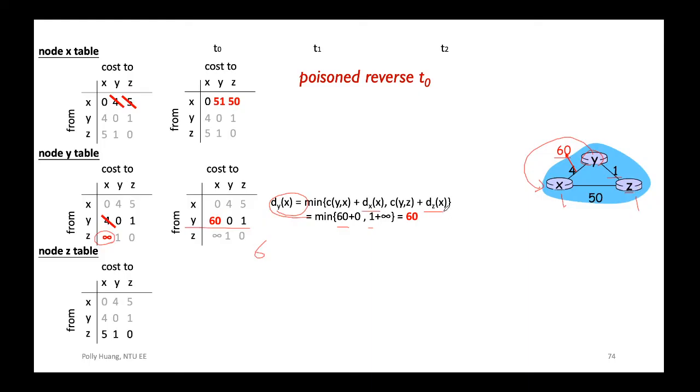Let's look up the table: xx is 0, zx is infinite. So 0 here, infinite here. Comparing the two, 60 is better. Therefore, the shortest distance from Y to X is now the direct link XY.